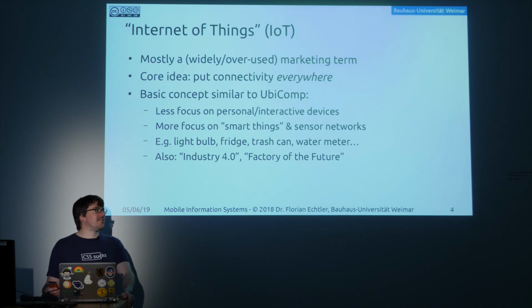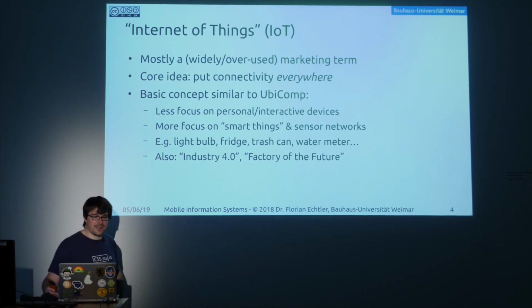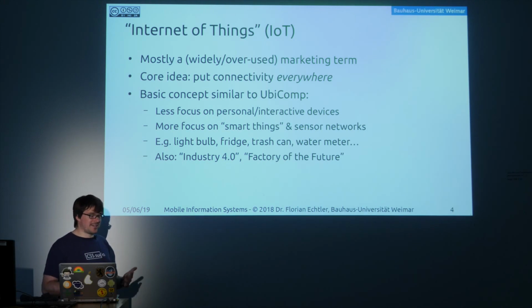With IoT, the focus is maybe less on things you use for your own computing tasks, but rather smart things like interactive light bulbs, or sensor networks which give you the temperature throughout a large building, or maybe a smart trash can which tells the city services that it needs to be picked up because it's full. All these sorts of things are often summarized under Internet of Things.